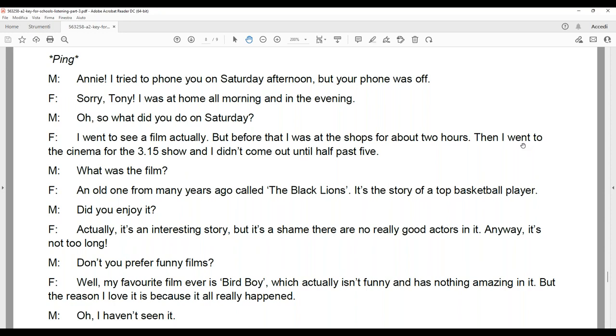Poi sono andata al cinema per lo spettacolo delle 3:15, 3:15 or a quarter past 3, 3:15, a quarter past 3, and I didn't come, e non sono tornato, didn't come out, quindi non sono uscita, I didn't come out from the cinema, didn't come out from the cinema, fino alle 5:30, half past 5, half past 5.